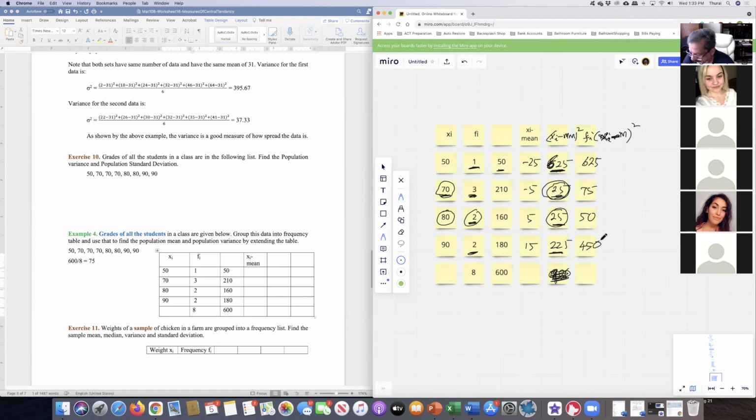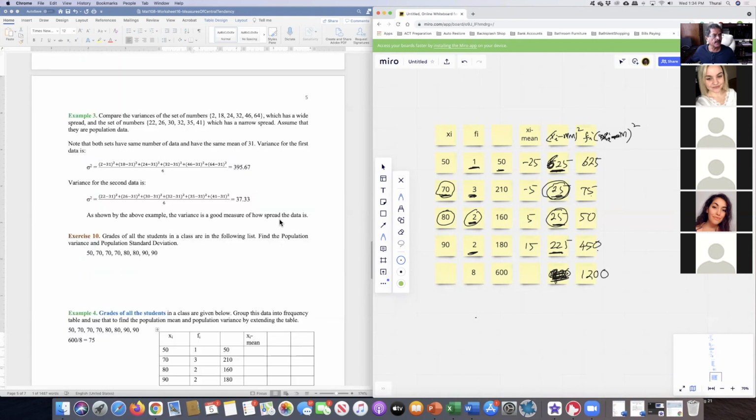Only now we add them up. This is the correct sum of all of those. 625 plus 75, 700, 750, 800 plus 400, 1200. So 1200 is the correct sum. And this is population data. So therefore, we are finding population variance.